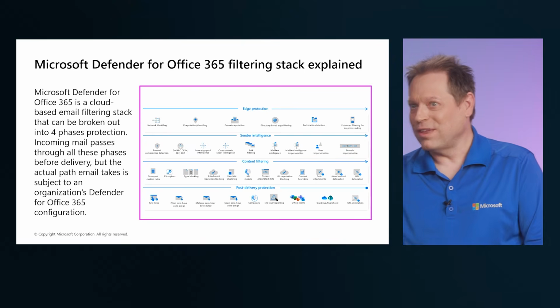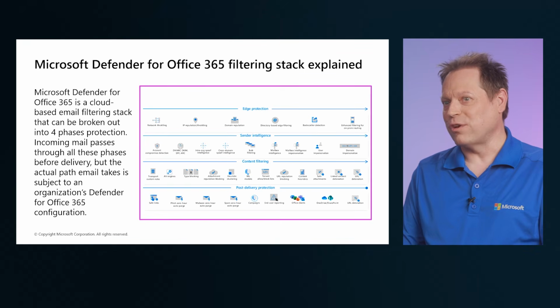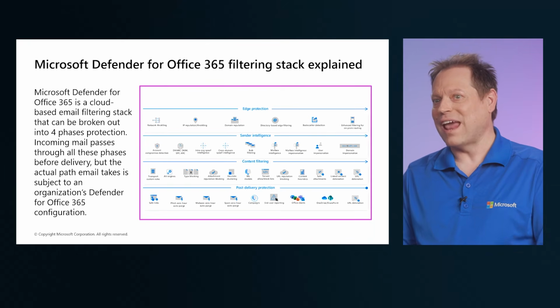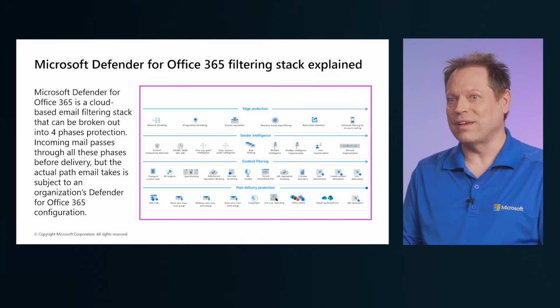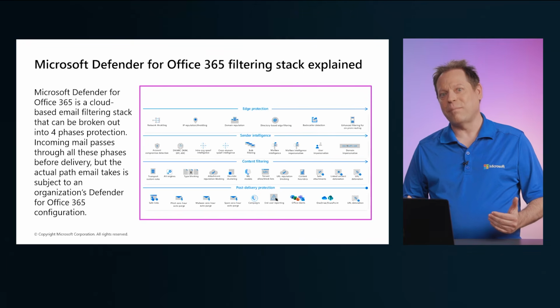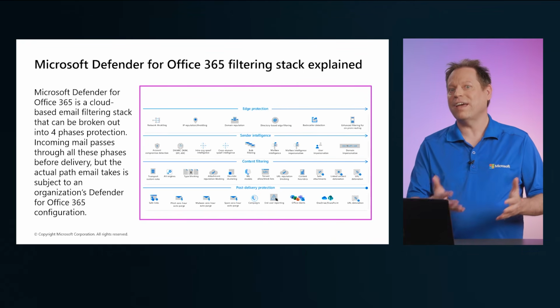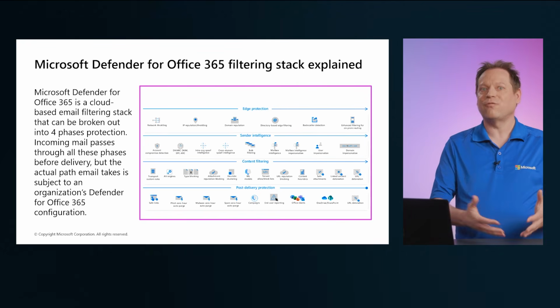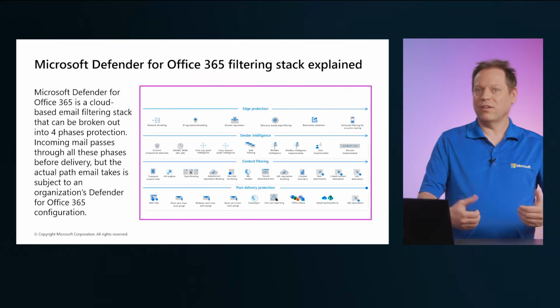To understand how Defender for Office 365 protects you, it helps to think of it as a cloud-based email filtering stack that operates in phases. Incoming email passes through a series of protections, described here as 4 phases, before it's delivered.